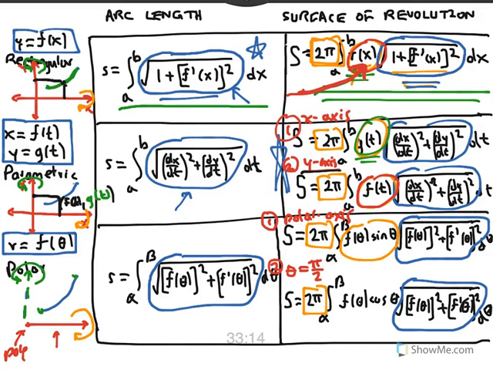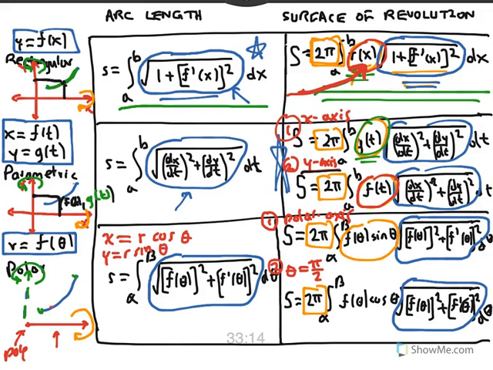So if you have a polar equation, r is equal to f of theta, and you wanted to convert that into a set of parametric equations, what would you do? You're going to use x is equal to r times cosine theta, and y is equal to r times sine theta.